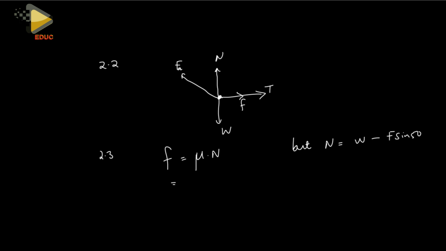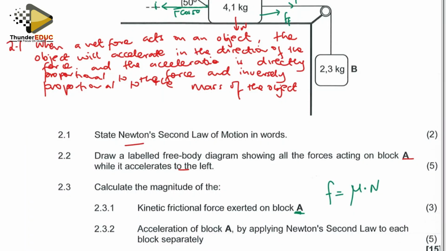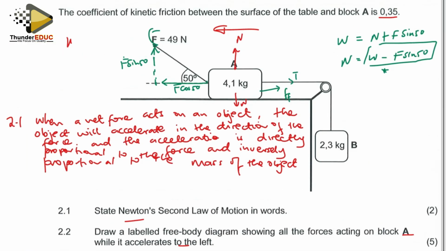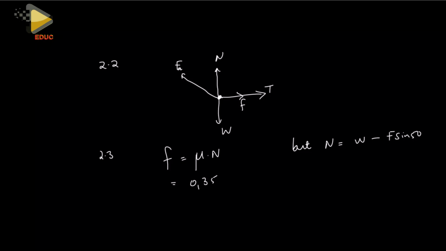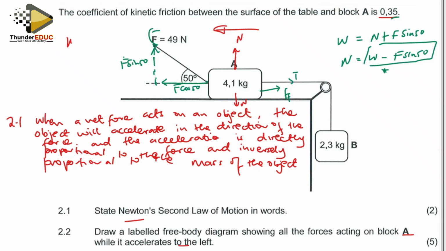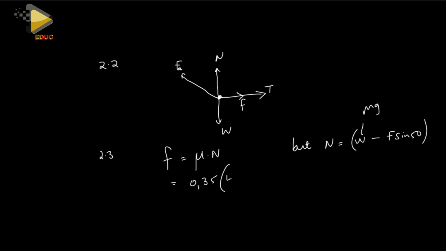Do the substitution, that's going to be 0.35, because we were given the mu, the coefficient of friction, as 0.35, times our normal reaction, which is given as that. So the weight is going to be mass times 9.8, because we know that weight is given as mg. What is the mass of the body? It is 4.1. So that's going to be 4.1 times 9.8 minus 49 sine of 50.